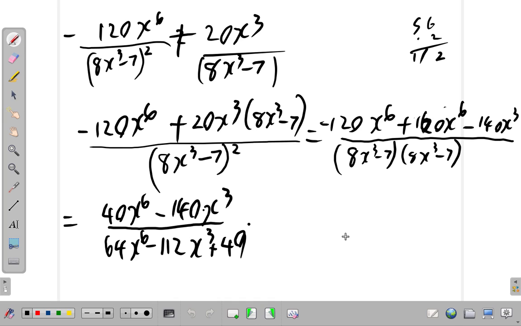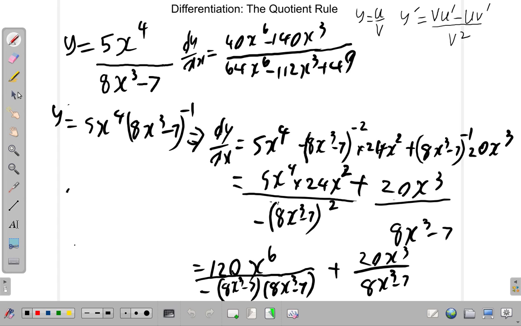When we use the product rule here, we get the same answer when we write it as 5x to the 4th times 8x cubed minus 7 to the negative 1, and then use the product rule. But the important thing here is that you use the quotient rule.